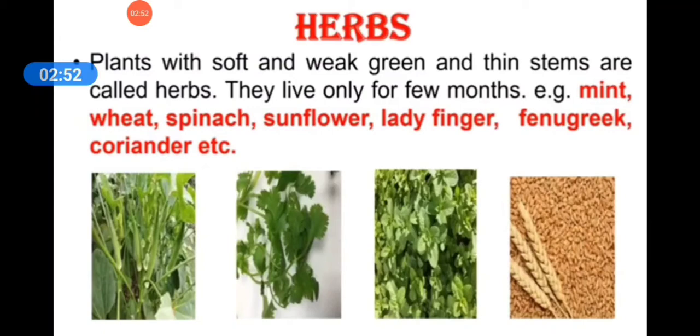Herbs: plants with soft, weak, green and thin stems are called herbs. They live only for a few months. Examples: spinach, sunflower, ladyfinger, coriander, mint, etc.